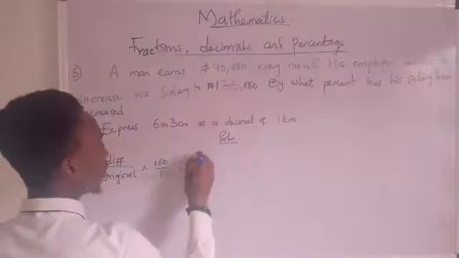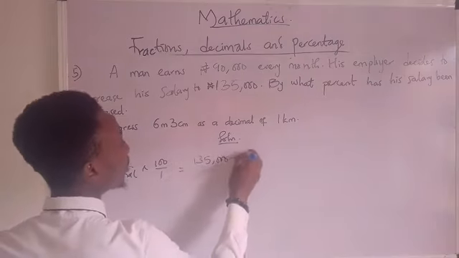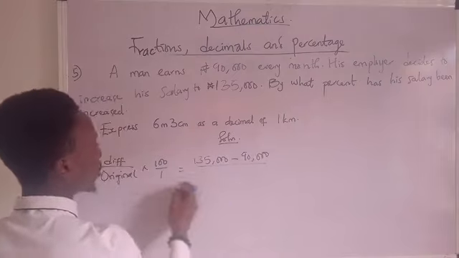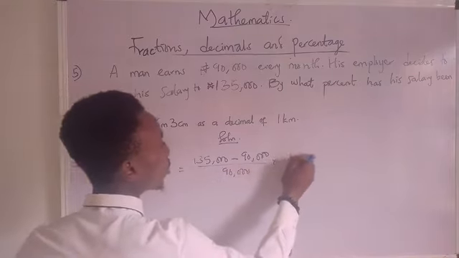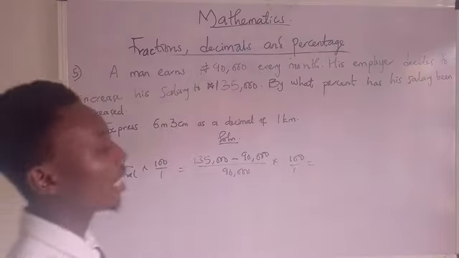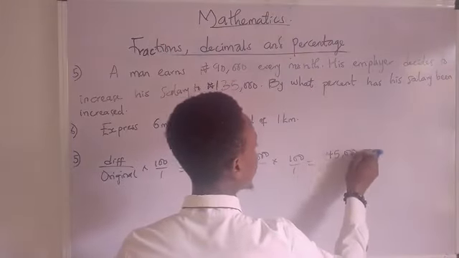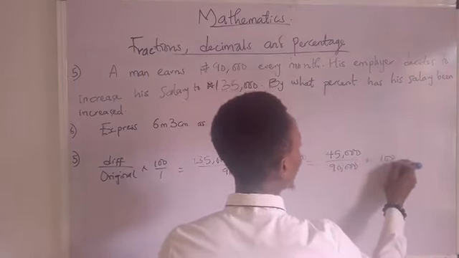You have 135,000 minus 90,000 divided by the original, which is 90,000, times 100 over 1. 135 minus 90 divided by 90 will give us 45,000 divided by 90,000 times 100 over 1.